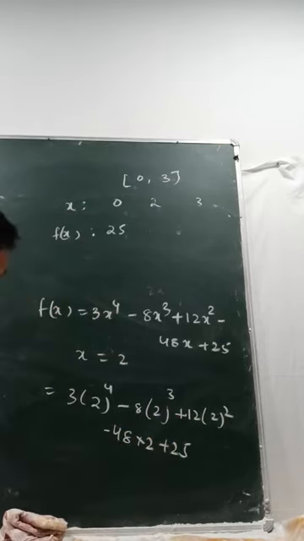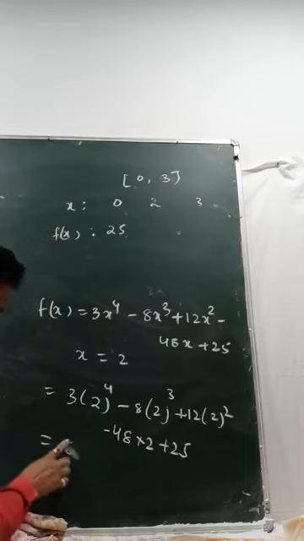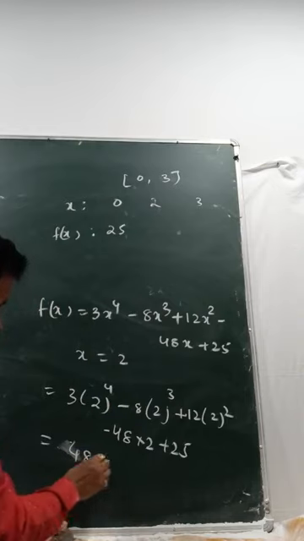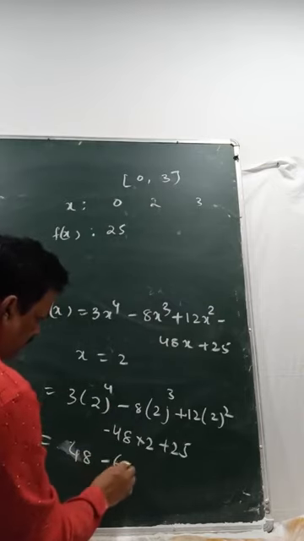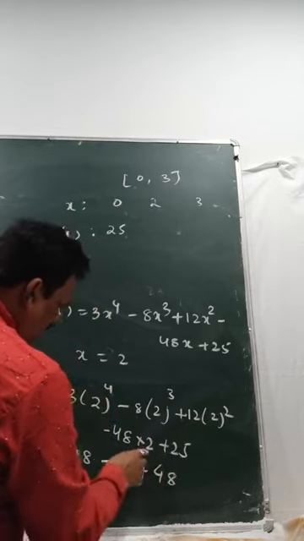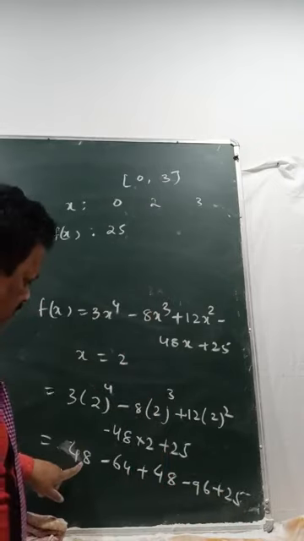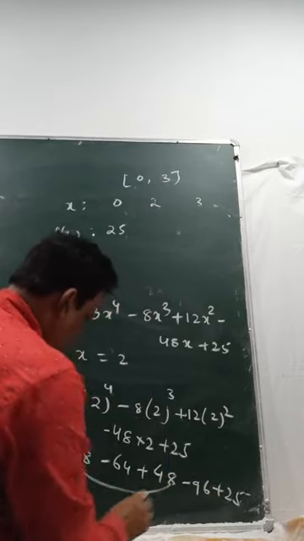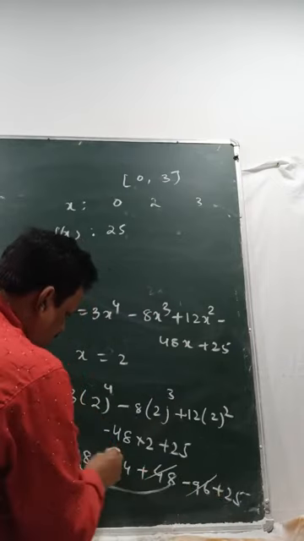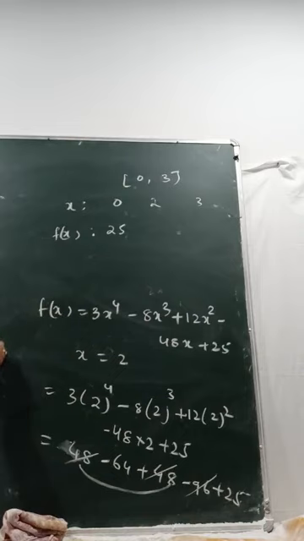This is 16 × 3 is 48. This is 8 × 8 is 64. This is 12 × 4 is 48. This is 96 plus 25. Look here, 48 and 48 is 96, you cancel this. So what is left is minus 64 plus 25, that is 39.